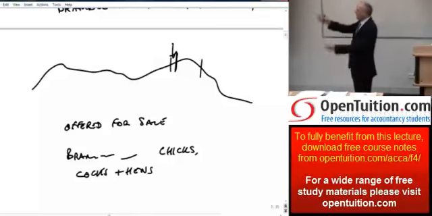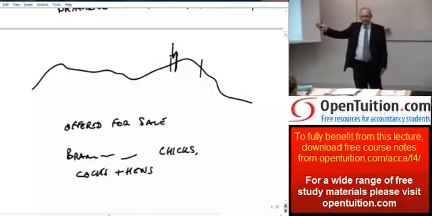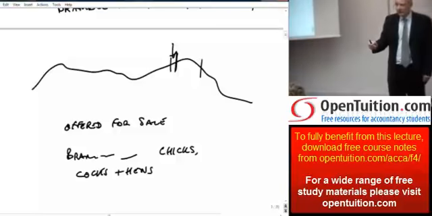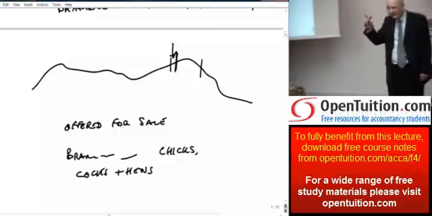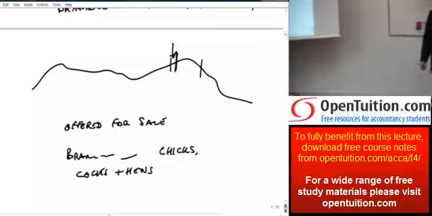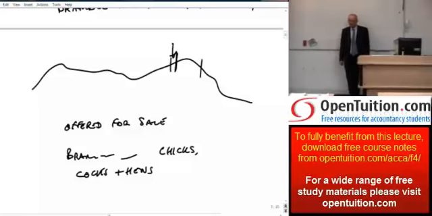And the court looked at the advert and said, it says offered for sale. But adverts are invitations, even though it says offered for sale. It's not an offer. It's an advert, and adverts are invitations.